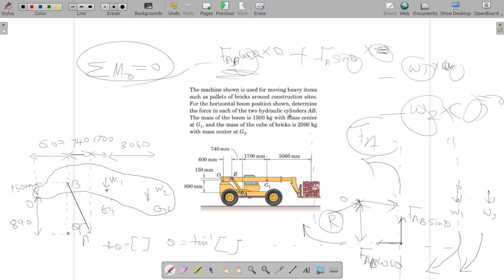Here they are saying that there are 2 arms, so divide your answer by half, and you will get the force in 1 arm. So that's it. I think now you can solve the problem.